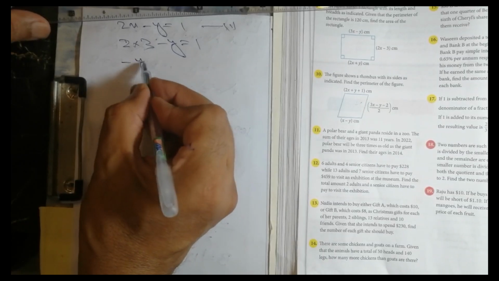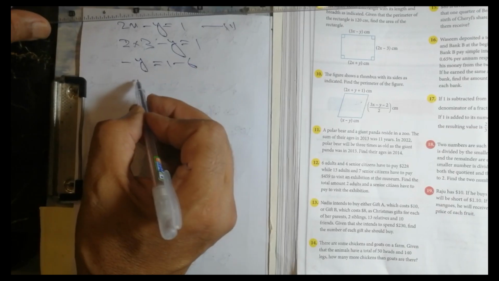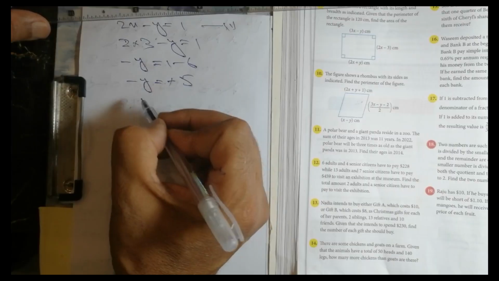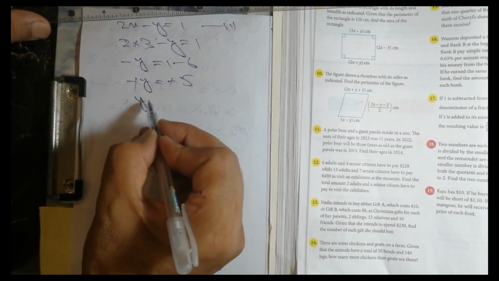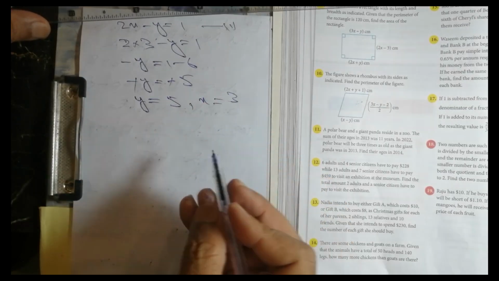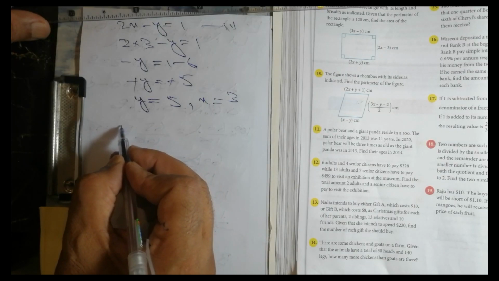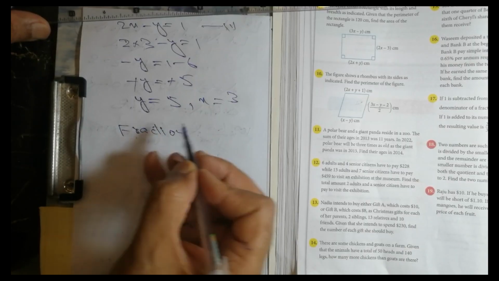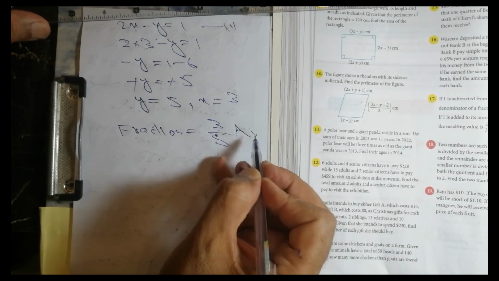So minus y equals 1 minus 6, and minus y equals minus 5, minus cancel, y equals 5, and x we already found is 3, and he has asked to find the fraction. We supposed the fraction was x by y, so the fraction is 3 by 5. So this is the answer.